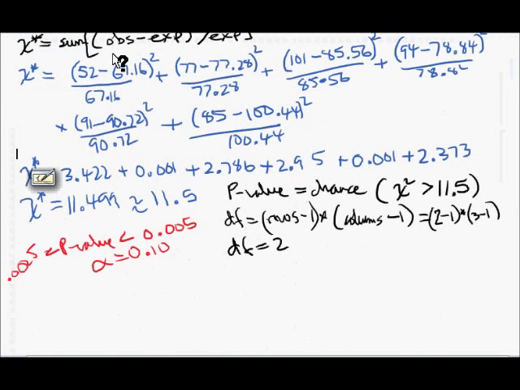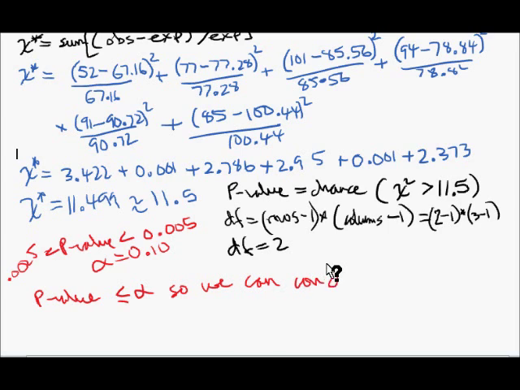So here, our p-value is less than or equal to alpha. So we can conclude HA, right? Just like a regular hypothesis test, you can conclude HA. And what is HA?